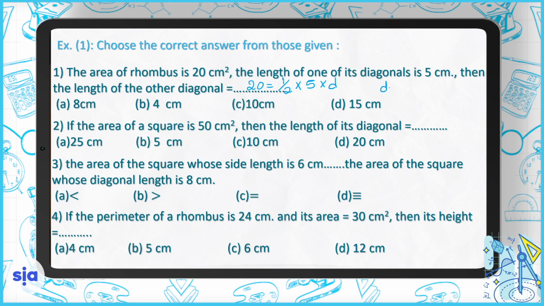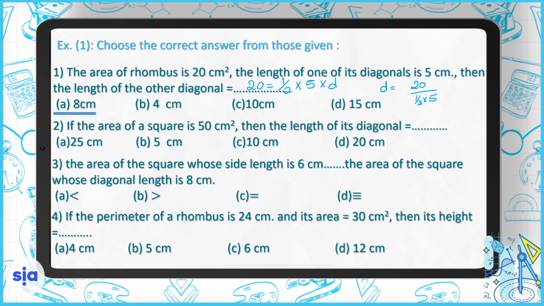So the length of the diagonal that we want to find is 20 divided by half times 5, so it's 20 divided by 2.5, which is 8 centimeters.